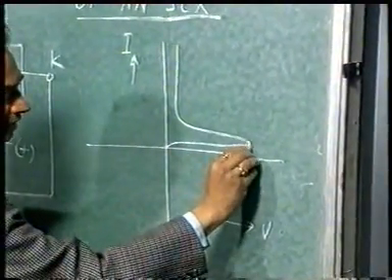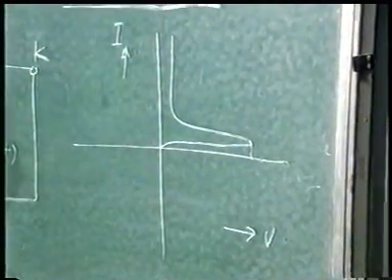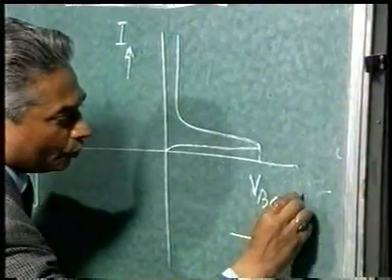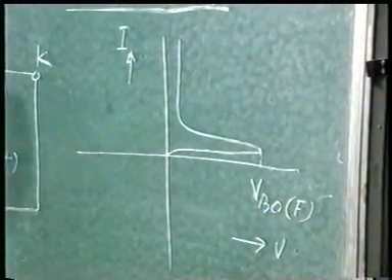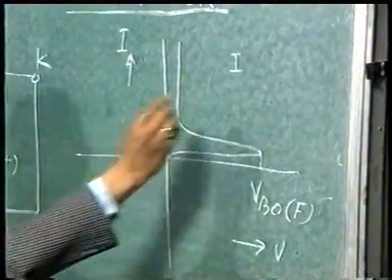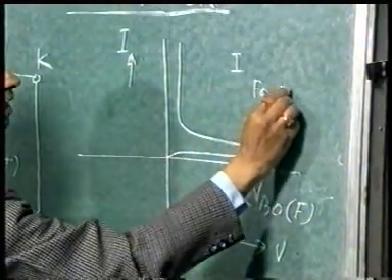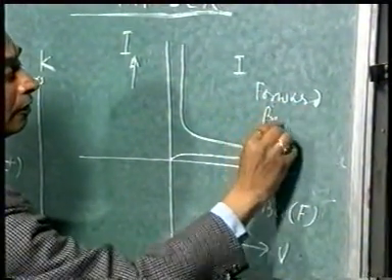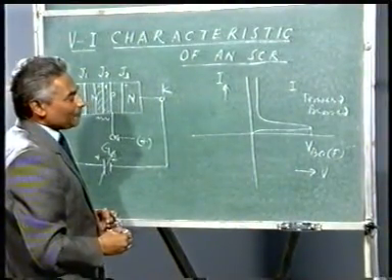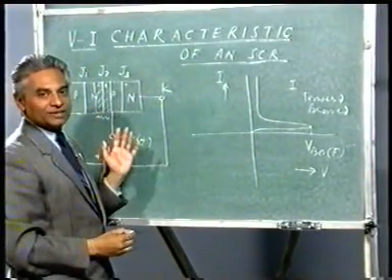This is the point where the device has started conducting, and it is known as the forward breakover voltage. Of course, this is the first quadrant characteristic, in the forward biased condition.